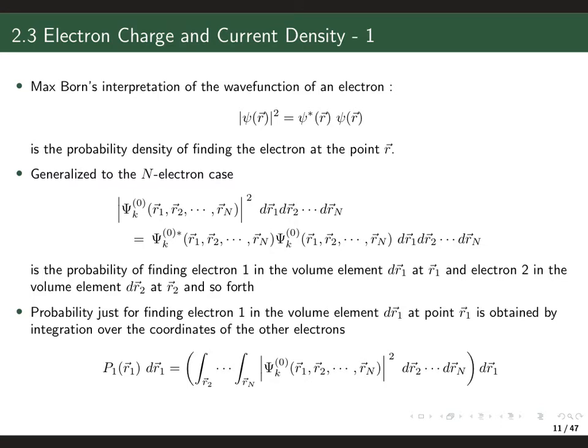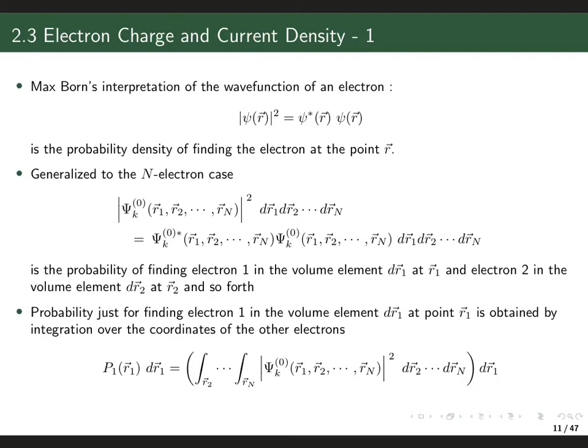Now, if you generalize that to the n electron case, so we have an n, or in general many electron wave function, if we again take the square of the absolute value of our n electron wave function and multiply it with the volume element for each electron, written out here, then this quantity is the probability of finding electron 1 in the volume element dr1 at point r1, and at the same time electron 2 in the volume element dr2 at point r2, and so forth for all the electrons.